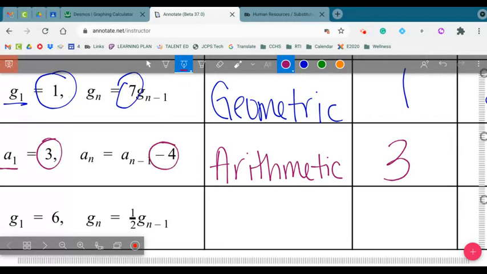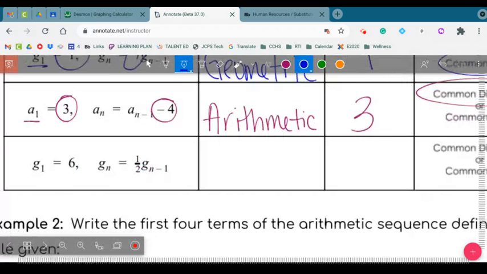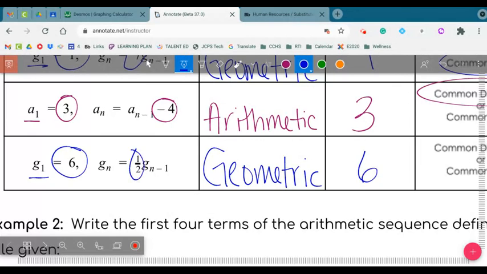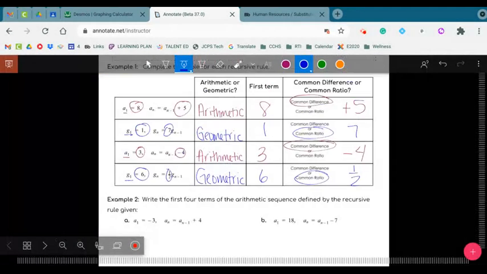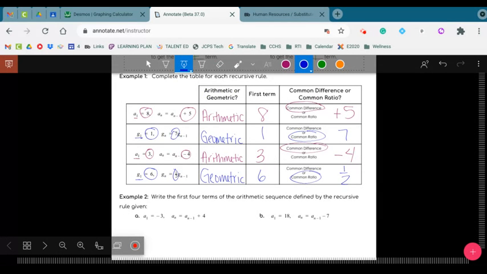Then the negative 4 is going to be our common difference. Make sure we put that negative in front of that 4. And then last one, we have G, so it's geometric. Our first term is 6, and then it's going to be a 1/2 common ratio. So hopefully that makes quite a bit of sense. Let me know if you guys have any questions on that.